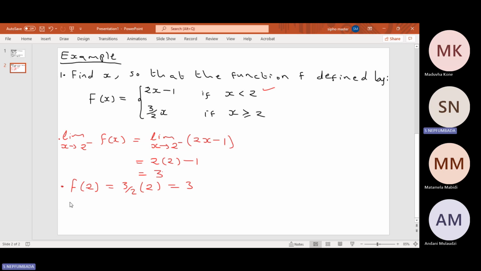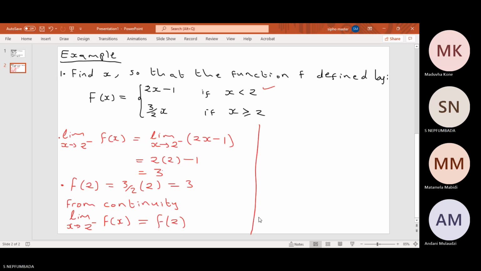So from continuity, we know that f at a is nothing but what? From continuity, we know that the limit of x approaching 2 from the left of f at x is equal to f at 2.